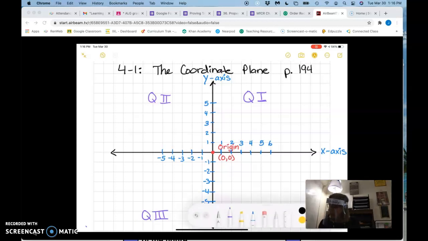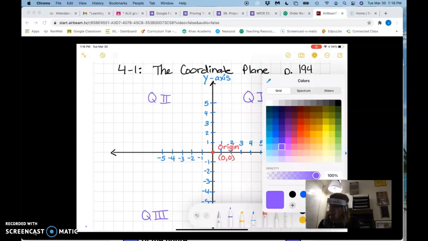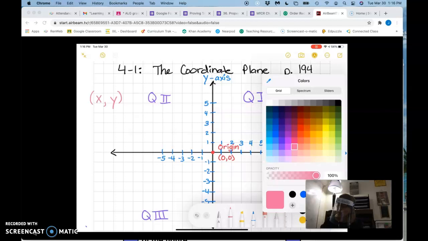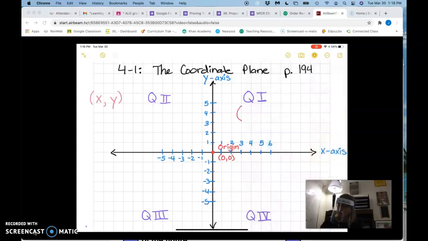Now remember, a coordinate is just a set of values inside some parentheses. The first number is always going to be the x value, and the second is going to be the y value. And in each quadrant now, we're going to label whether the x is positive or negative and the y is positive or negative. So in quadrant 1, the x is positive and the y is positive.